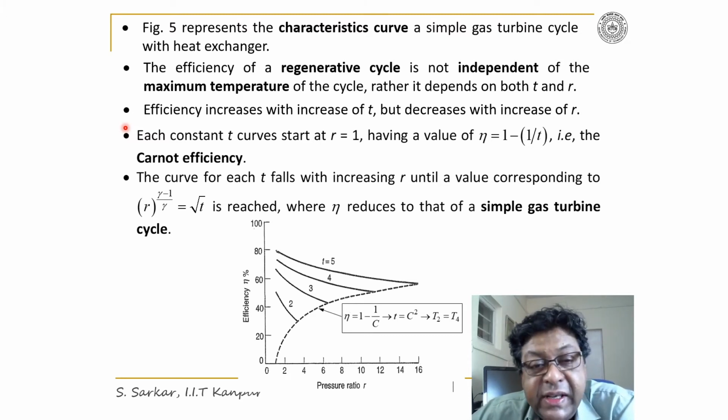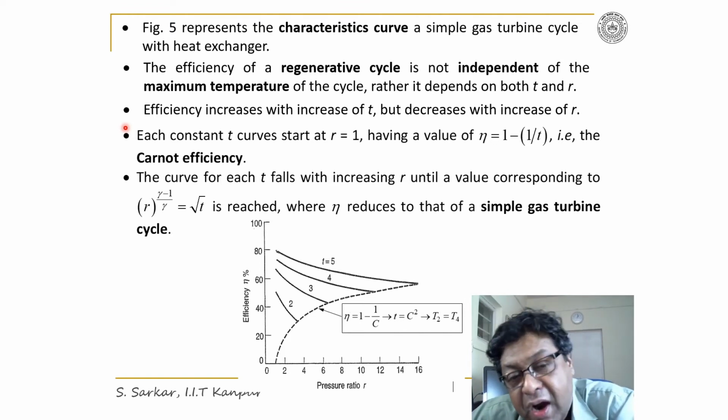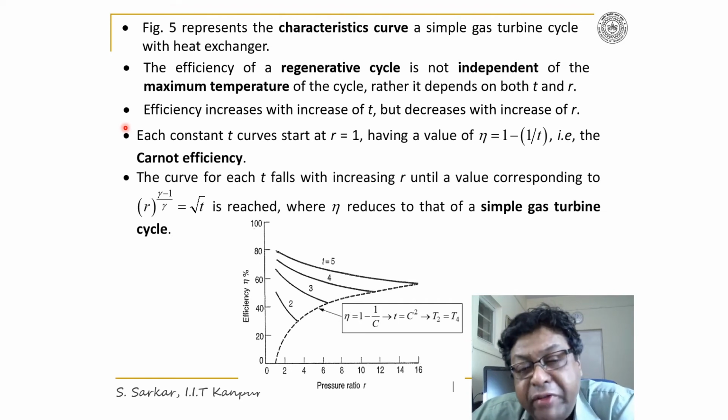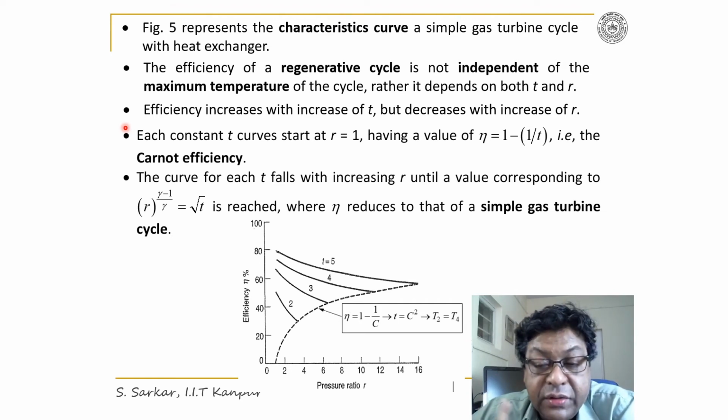That means each constant T curve starts at R is equal to 1, having the efficiency of the Carnot cycle.